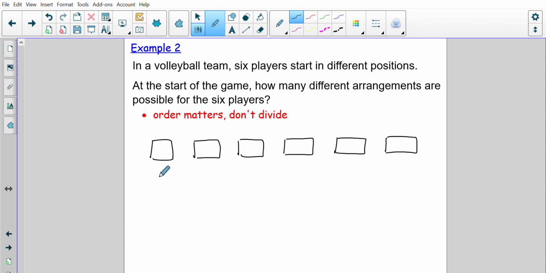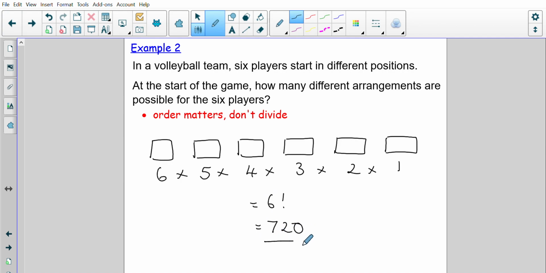In the first position, I've got 6 players to choose from. Second position, 5, then 4, 3, 2, and 1. I would multiply these together. This is the same as doing 6 factorial, and if you pop that in your calculator, you get 720. So there's 720 ways to arrange 6 players.